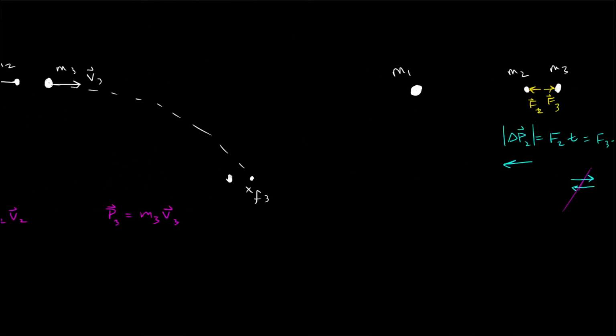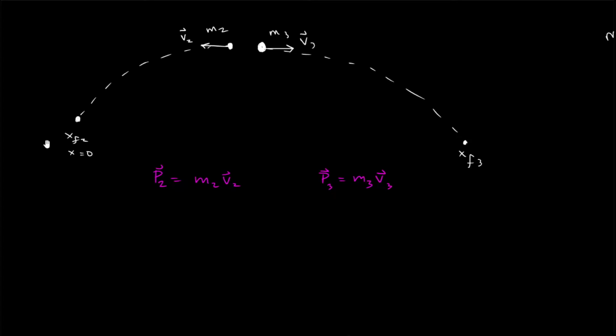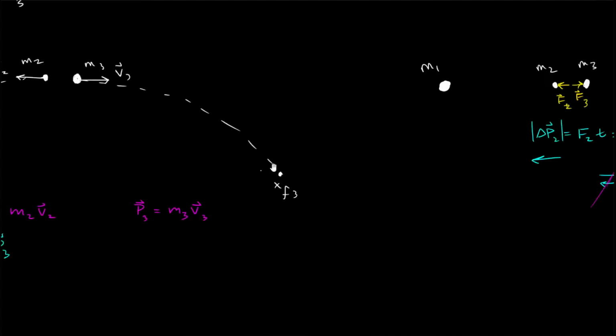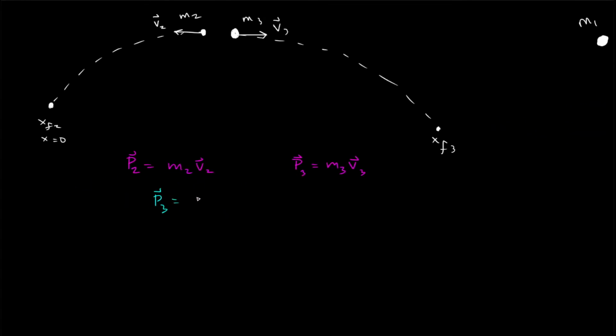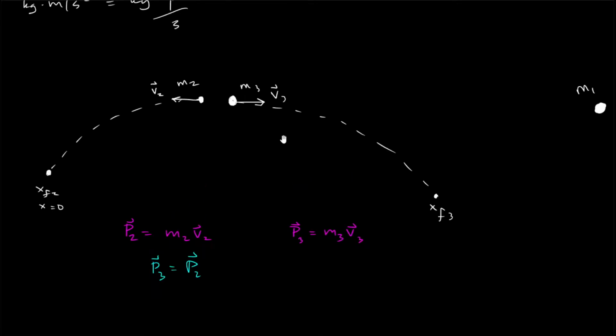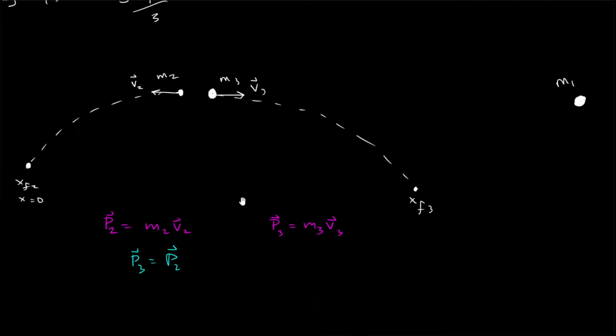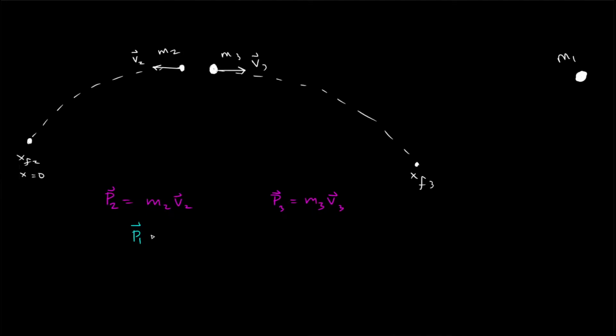So we can say the momentum was conserved over that explosion, which means P1, the momentum of the piece right before it explodes, equals P2 plus P3.